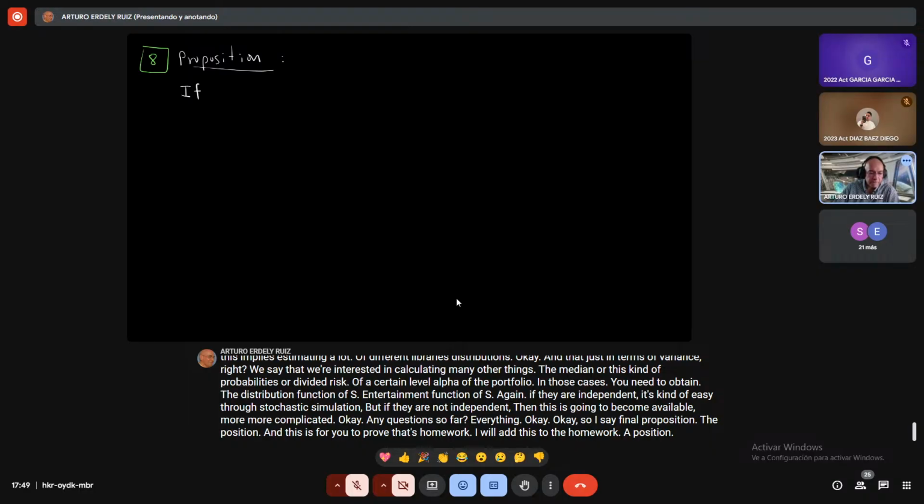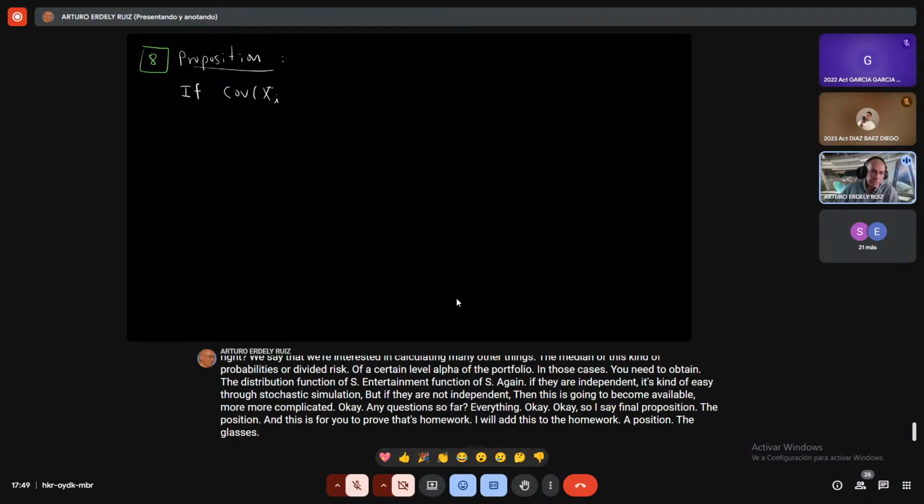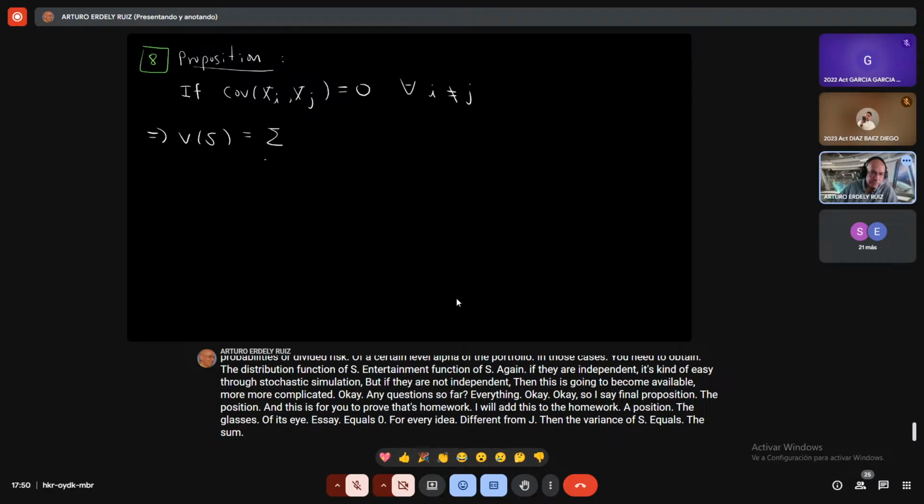If the covariances of Xi, Xj equal 0 for every i different from j, then the variance of S equals the sum from 1 to n of qj.